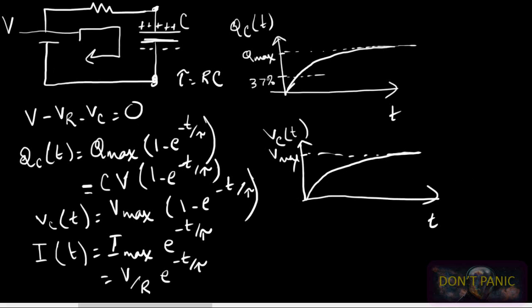What about the voltage across the resistor? What's going to happen to that? We know that V minus VR minus VC is equal to 0, so VR is equal to V minus VC. That means if VC is increasing, then VR is decreasing. So the voltage across the resistor starts out with all the voltage across the resistor, and then over time it goes down like this.